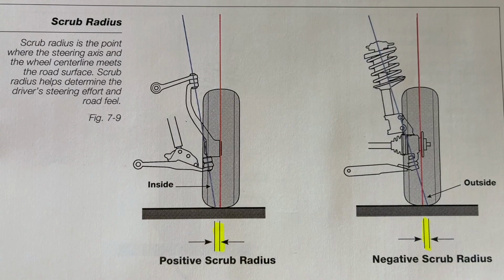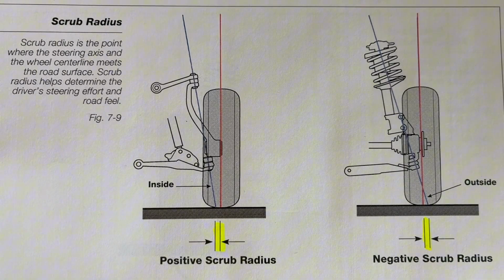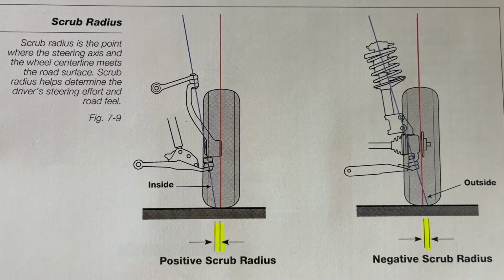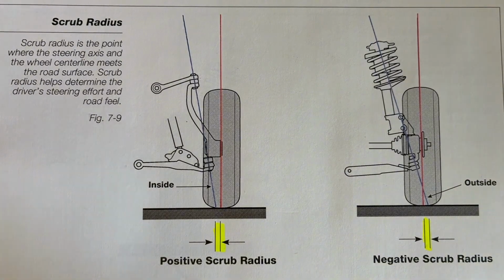With increased positive scrub radius, the steering will be more sensitive to uneven road, bumps, potholes, or crown roll. You will feel more road shocks and more kickback from the steering wheel. Also, stress on the suspension and wheel bearing will increase because of a leverage effect and wheel rubbing.